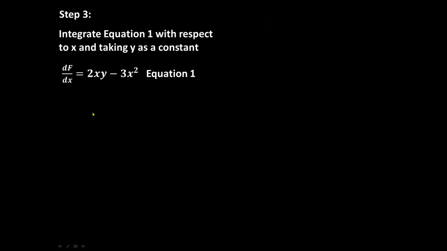Then afterward, we integrate both sides. What do you think is our integral here? F is equal to x squared y minus x cubed. Let me check.